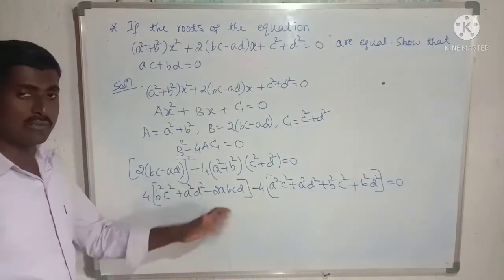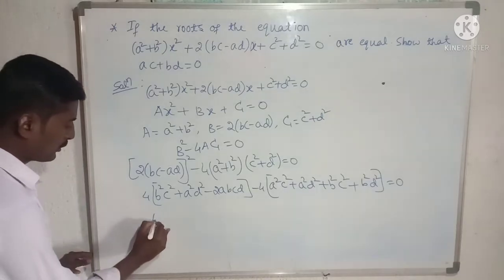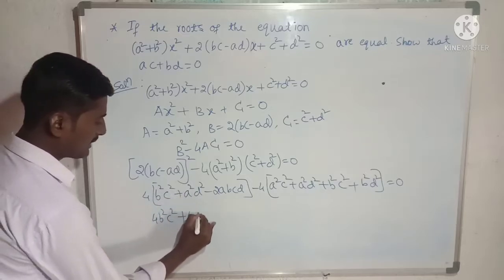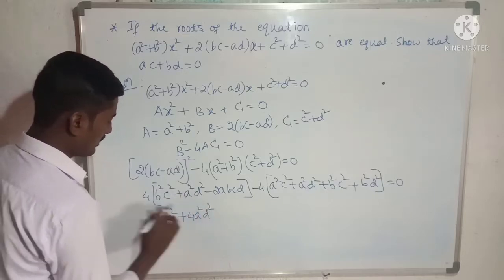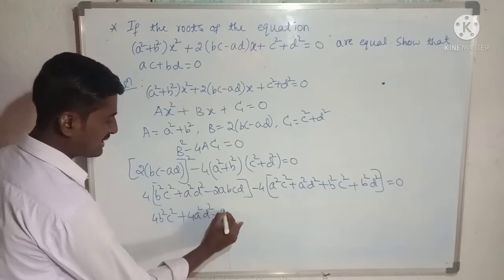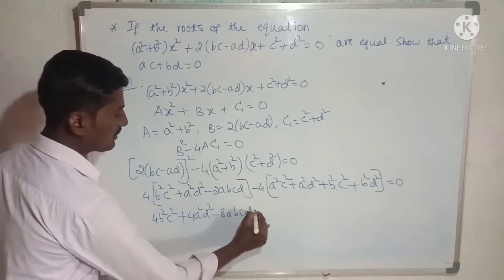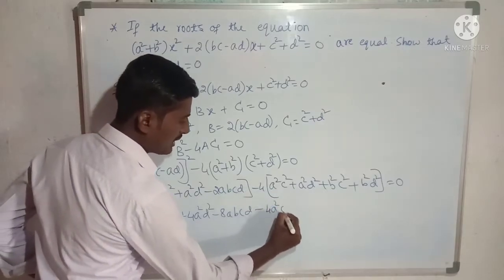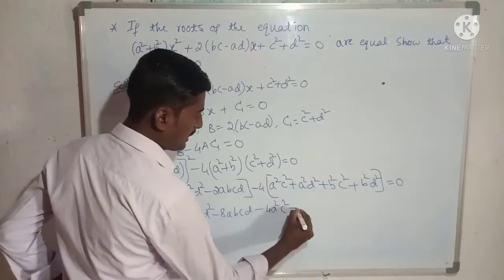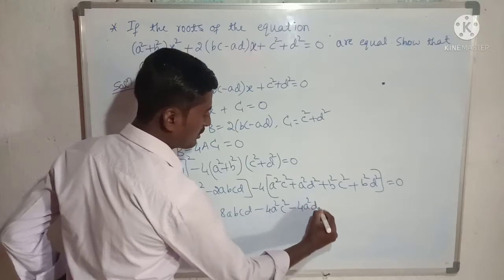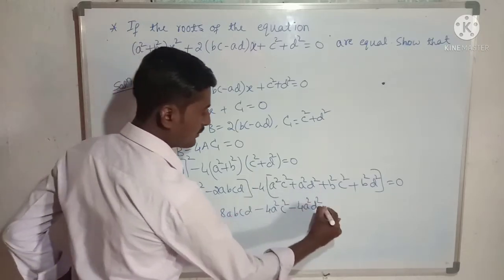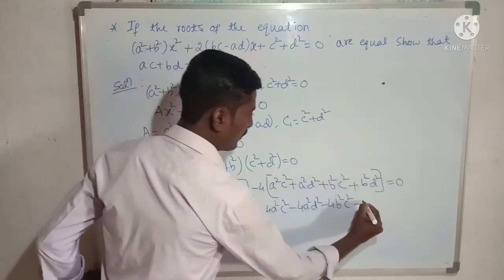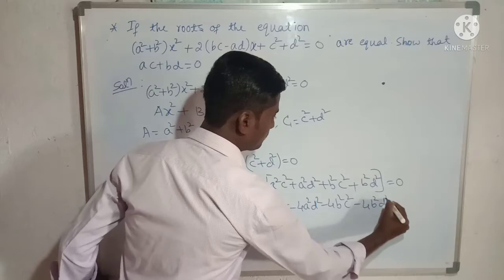Now let us multiply by 4. It will become 4b square c square plus 4a square d square minus 8abcd, minus 4a square c square, minus 4a square d square, minus 4b square c square, minus 4b square d square.